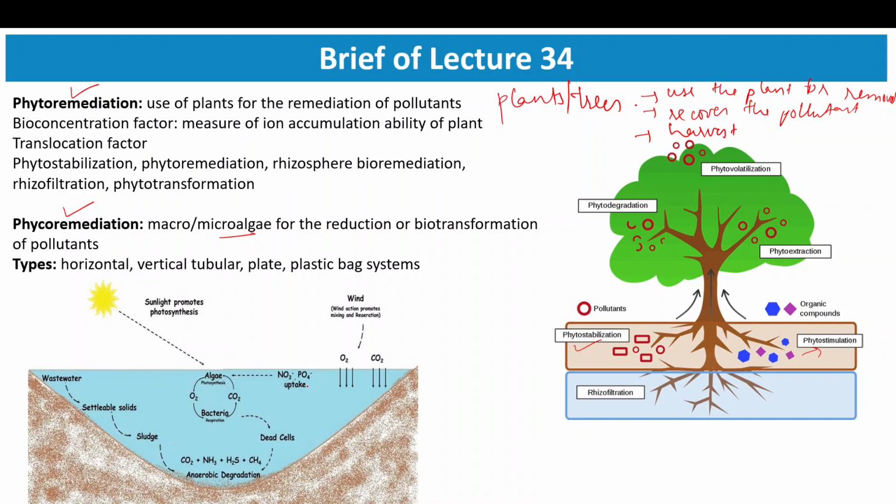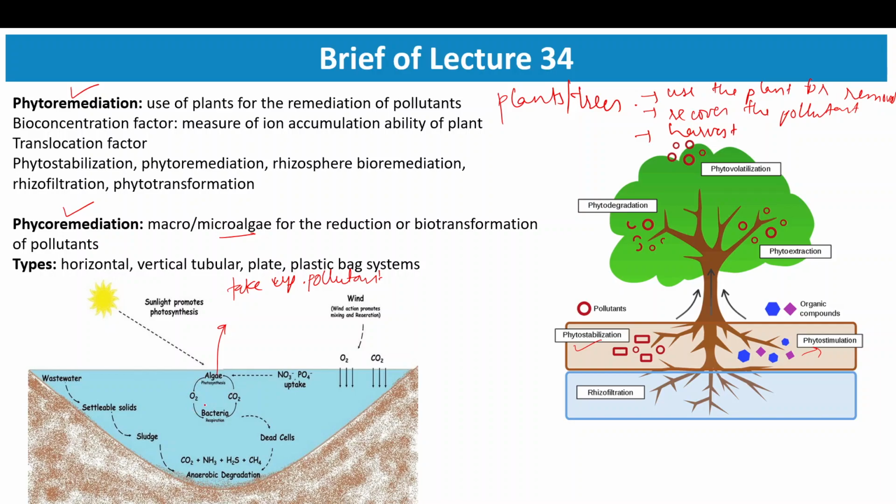Algae can further take up pollutant by adsorption on its surface, or into its cell through the cell membrane by diffusion, or there can be some sort of immobilization. By that means algae works.